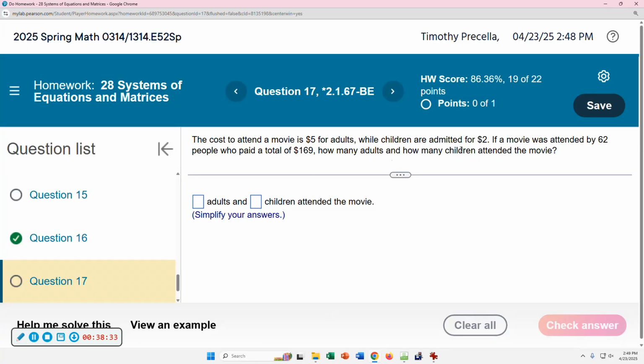So we have adult tickets and children tickets. The adult tickets cost $5, children cost $2. If a movie was attended by 62 people and they paid a total of $169, how many adults and how many children attended the movie? 62. That sounds like a total.